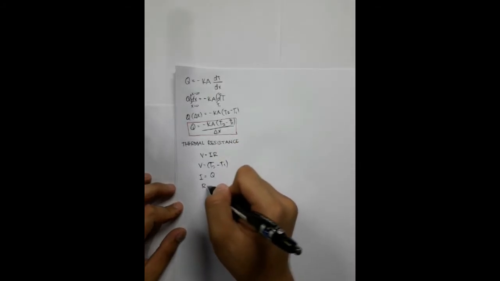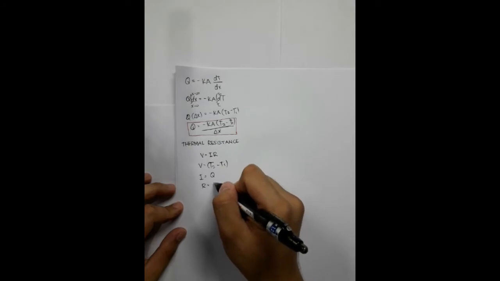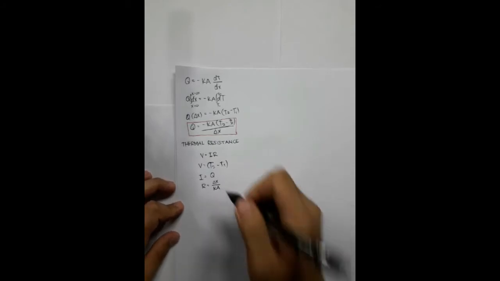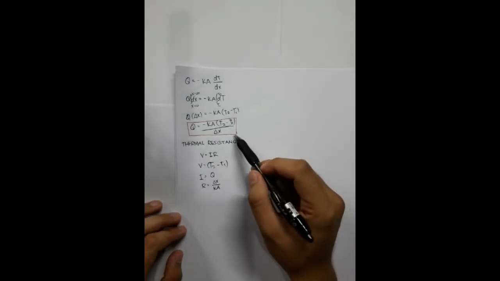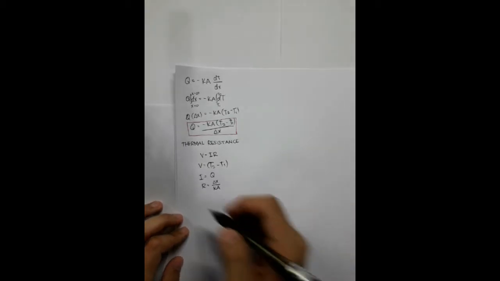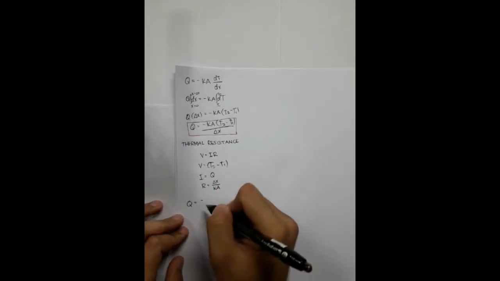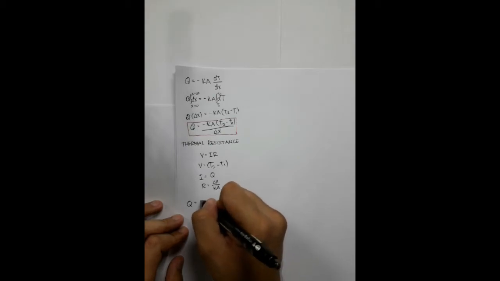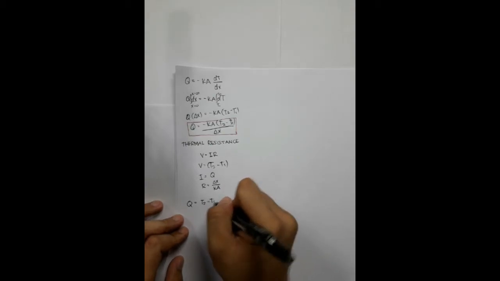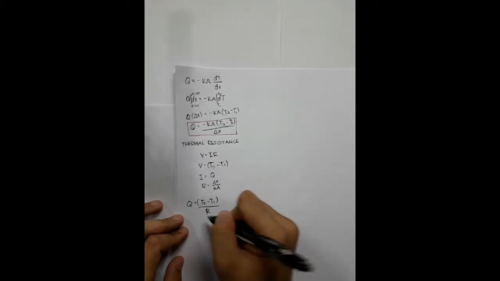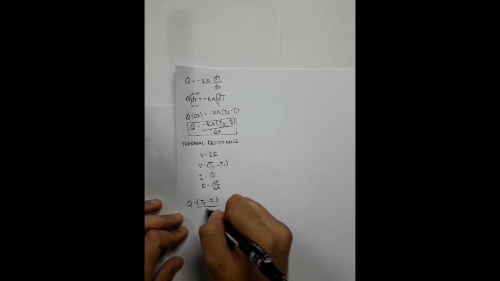And then yung natitira, yun yung nagiging thermal resistance, which is ito po. Sulat natin, no? R equals delta x over K A. So, yung formula natin for heat conduction, pwede natin i-rewrite as Q equals T2 minus T1 divided by R, or yung thermal resistance.